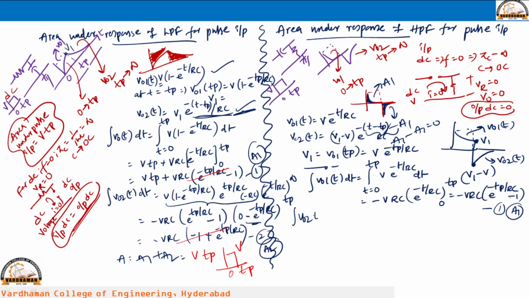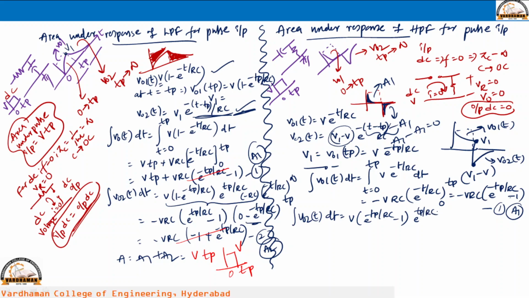The integral of V naught 2 of t dt. If you see curve 2, we need V1 minus V, this is the voltage. What is V1? V times e power minus Tp by Rc. So, V1 minus V means we can take V common: V times (e power minus Tp by Rc minus 1). Till here we have written V1 minus V. Next, the constant e power Tp by Rc is also there, you can substitute that.